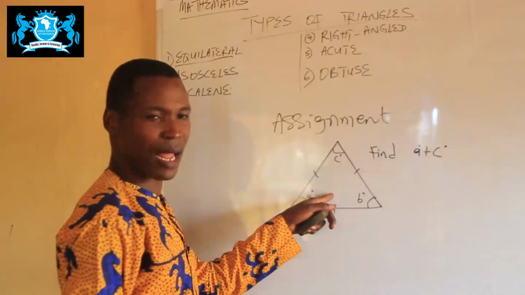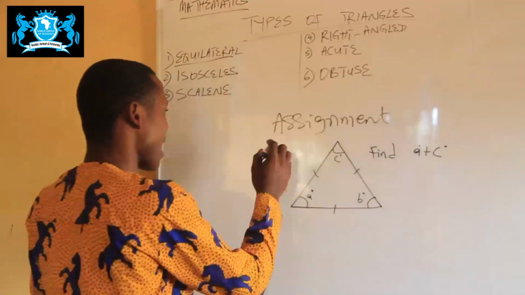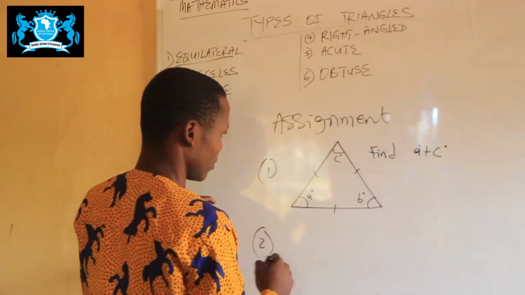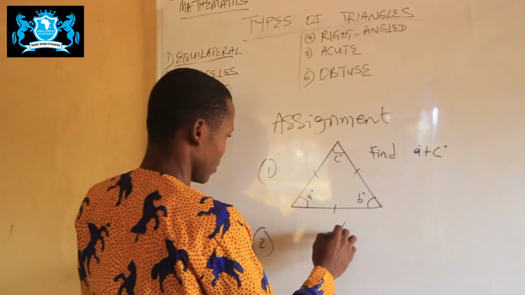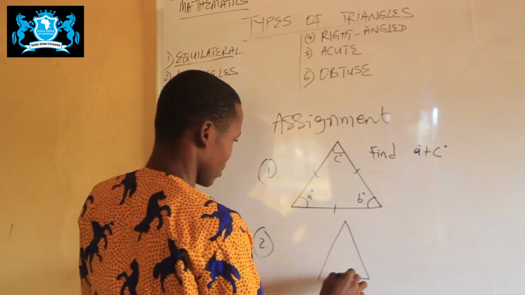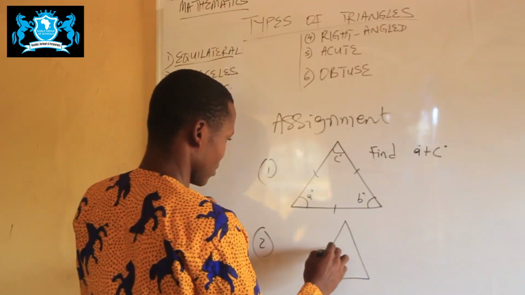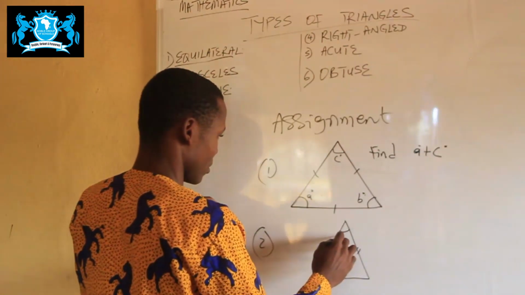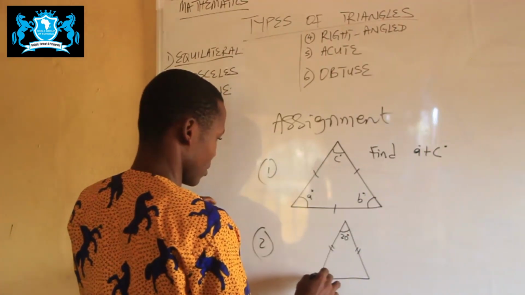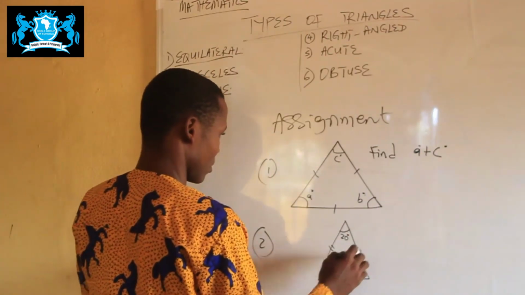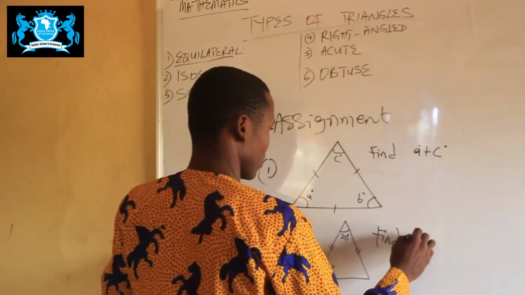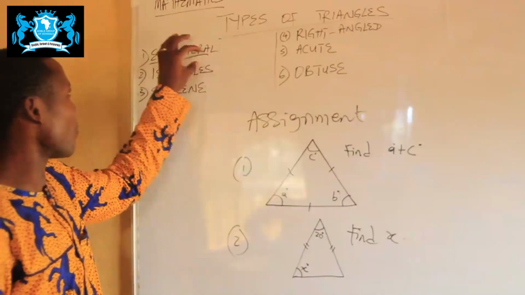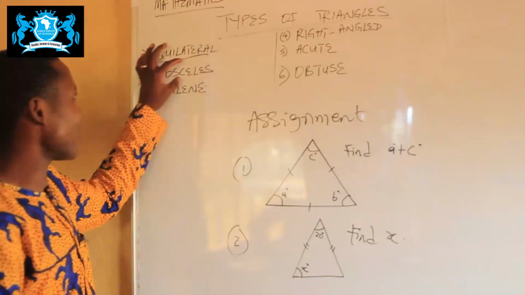In this particular triangle, what is A plus C? That is assignment number 1. Assignment number 2 is below. Solve these two assignments based on what I taught you on the equilateral triangle and isosceles triangle.